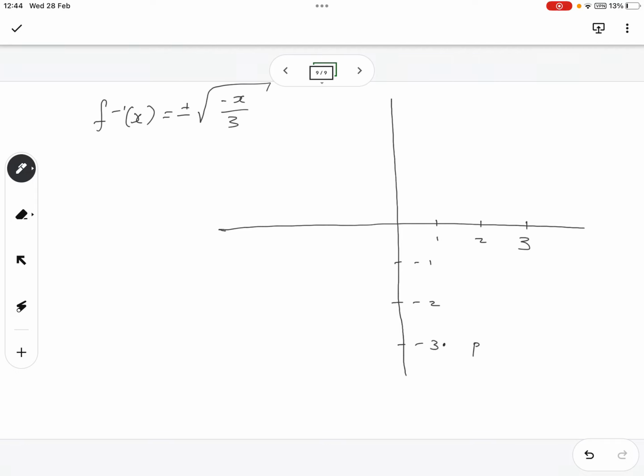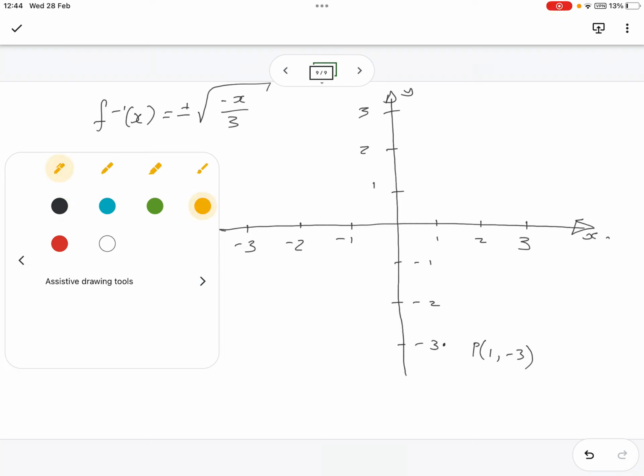And we've got that point there is P. We've got -1, -2, -3, and we've got 1, 2, and 3 up there on our y-axis, and this here is our x-axis.